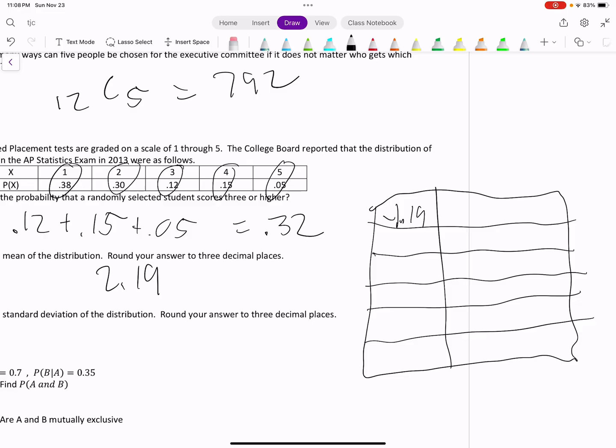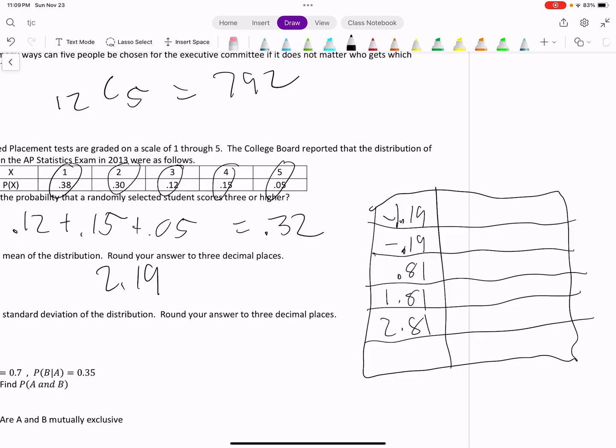Then 2 minus 2.19, that is negative 0.19. 3 minus 2.19, which is positive 0.81. 4 minus 2.19, which is 1.81. 5 minus 2.19, which is 2.81. Okay, so I took the values, the x's, and I subtracted the mean.